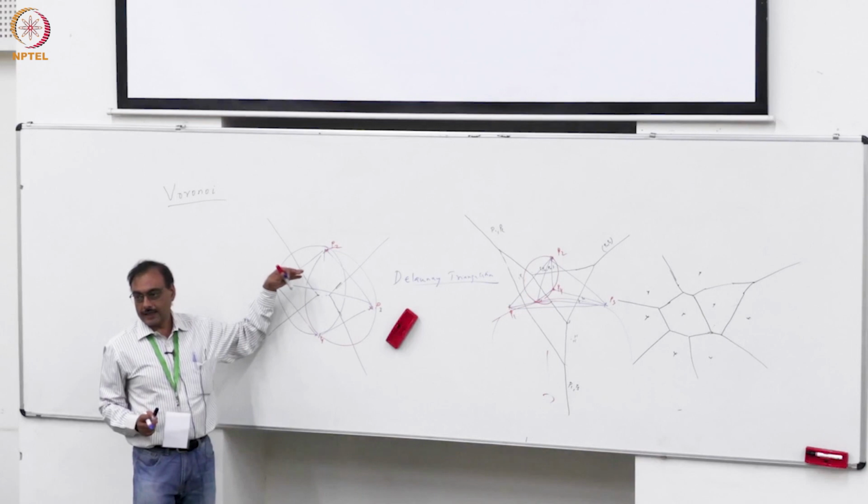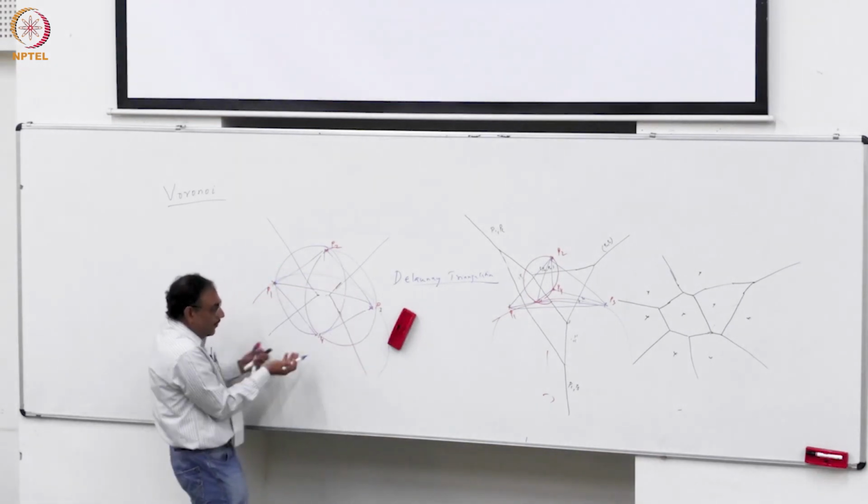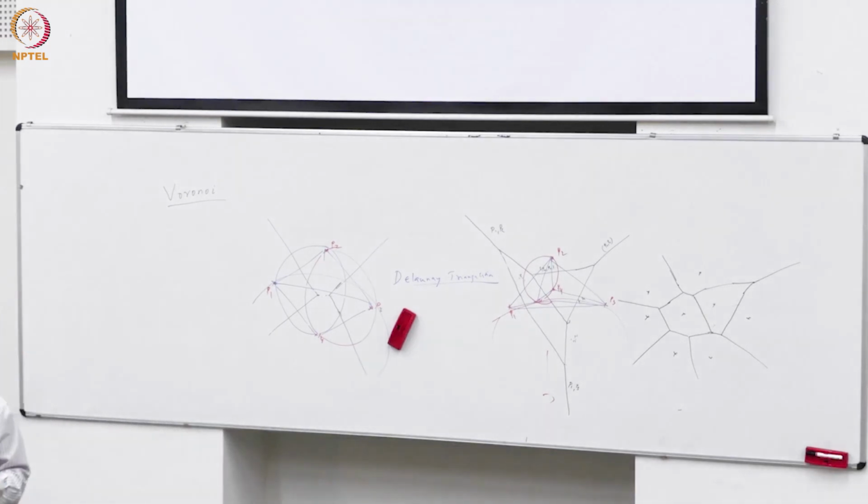Any other circle that I draw is definitely not going to be empty either. So, there is no way I can find an empty circle for the edge P1 and P3. That means there is no Delaunay edge for P1 and P3, and as a consequence there is no Voronoi edge.